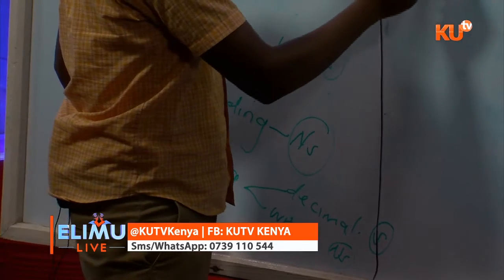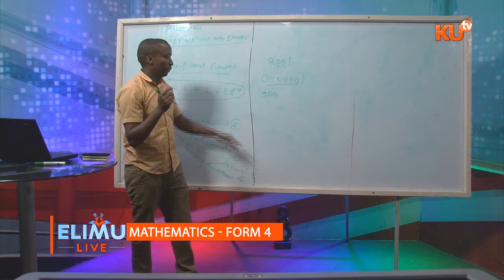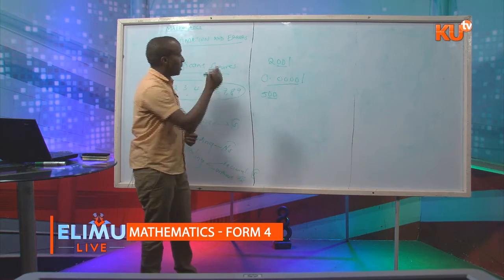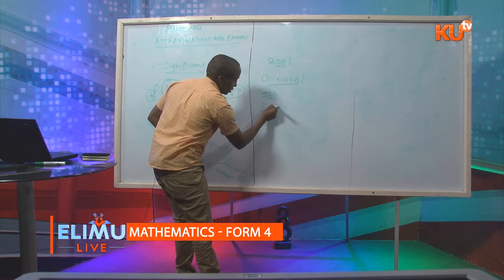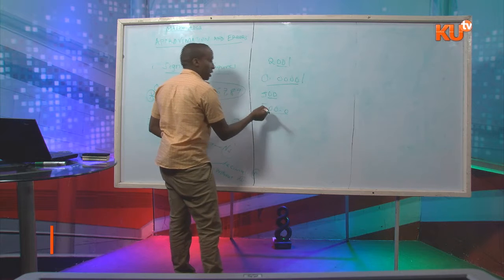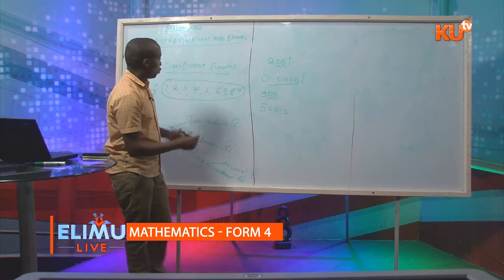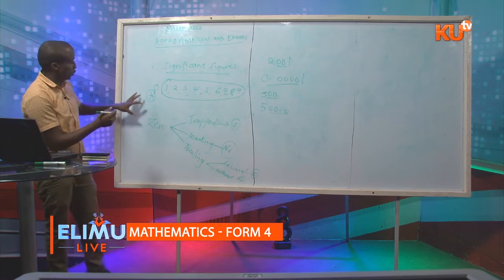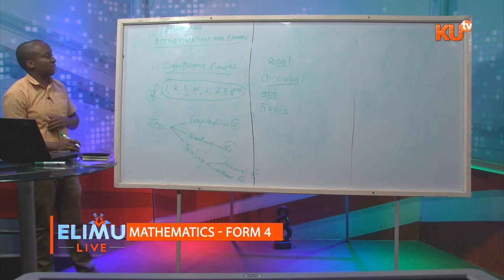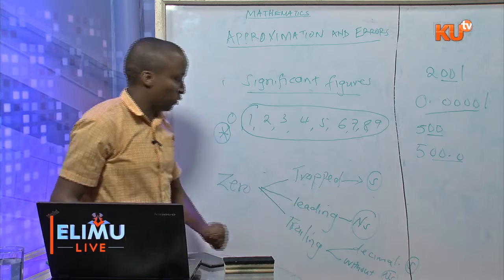If I look at 500 without any decimal point, these two zeros will not be significant. But if I look at 500.0, all these three are significant. So we need to understand those situations where zero is significant and those where it is not significant.